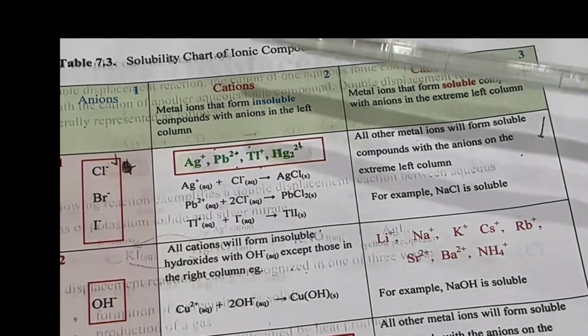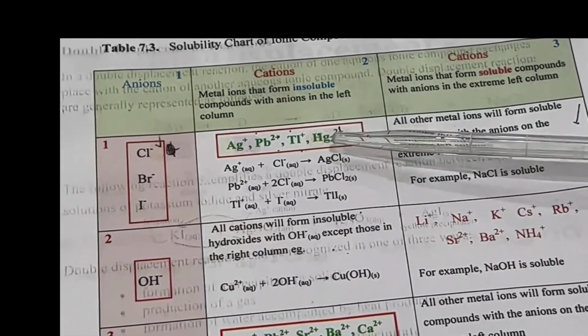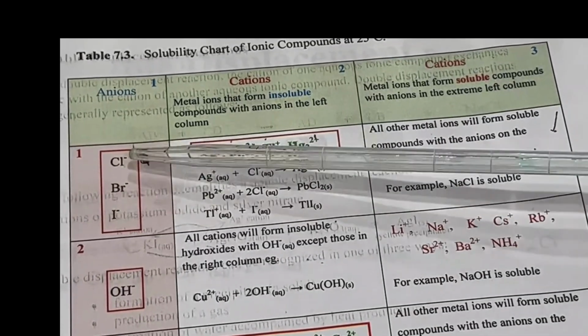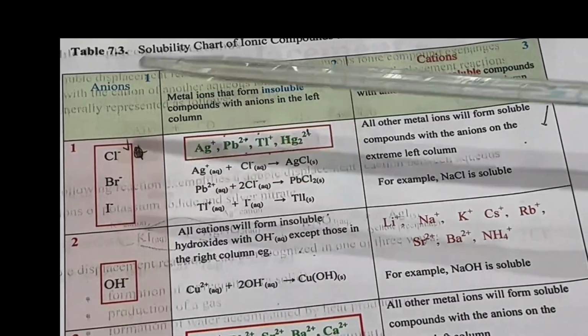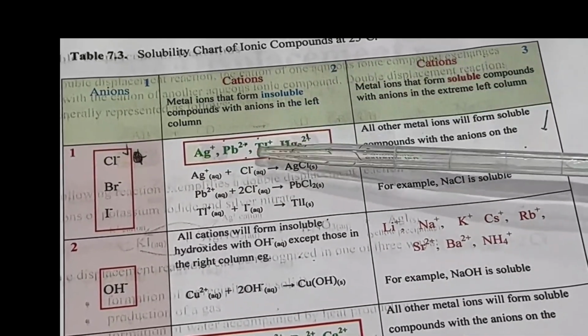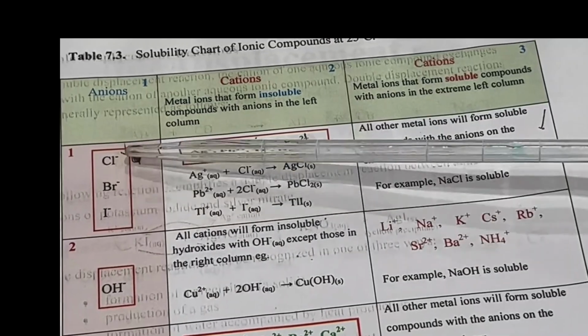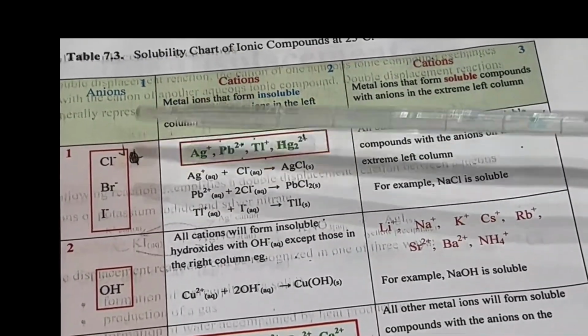Now, the cations in the second column here, if they react with the anions on the left side, they will form salt that is sparingly soluble. Okay, for example, if I have lead here, lead can react with all of these here, bromide, chloride, and iodide ions to form precipitate.